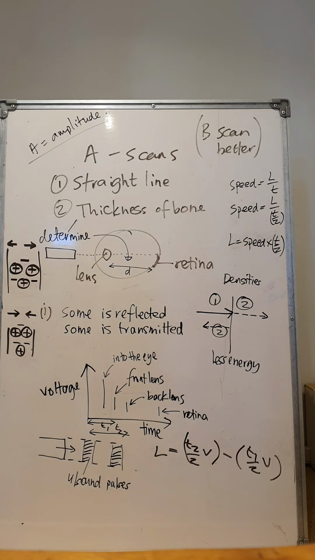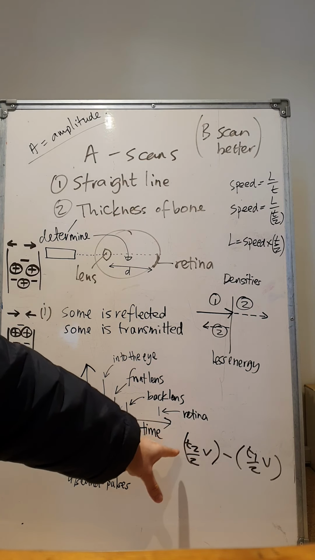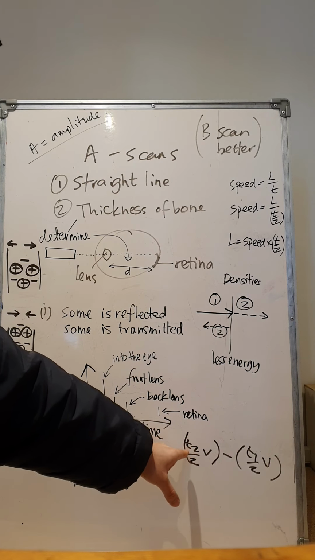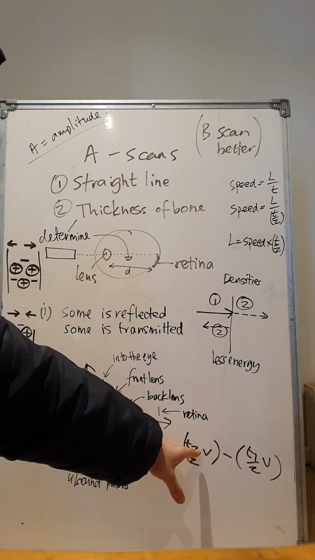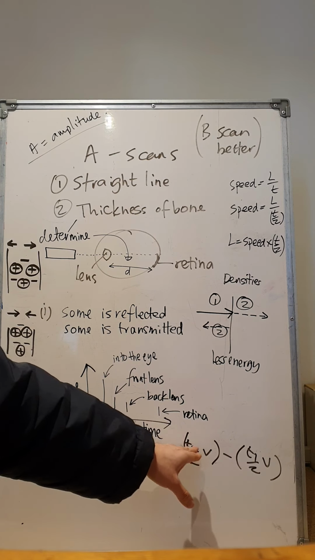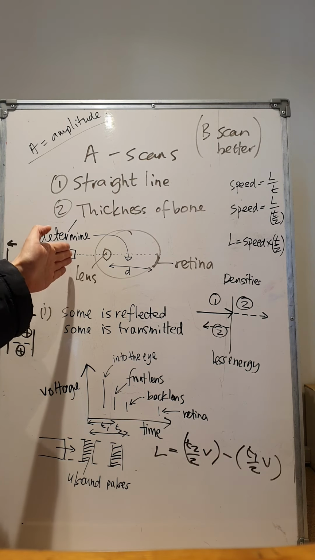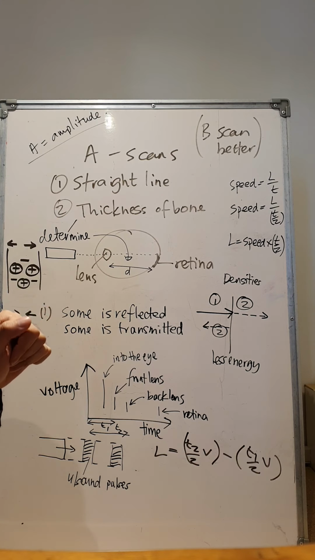To work out the distance, you need to halve the time and multiply by the speed of ultrasound in that material. That will give you the distance from the front of the transducer to the back of the lens.